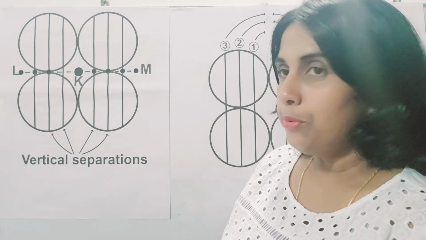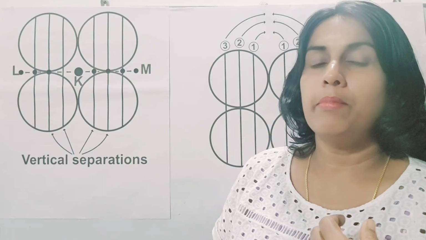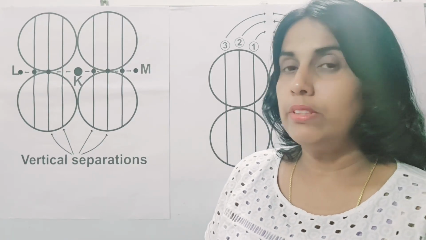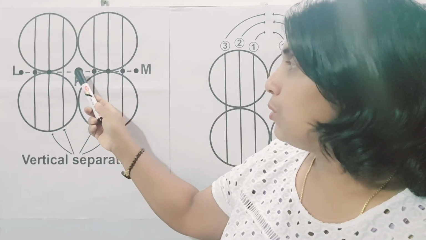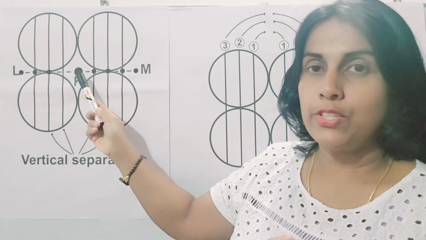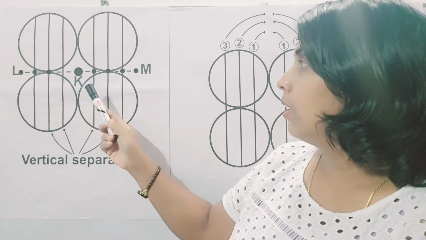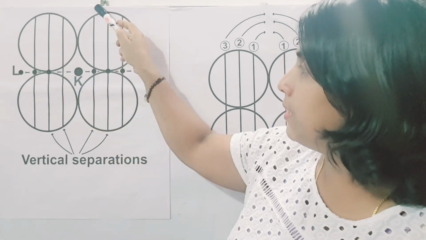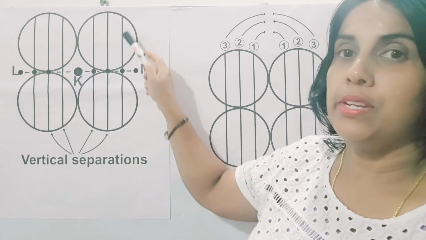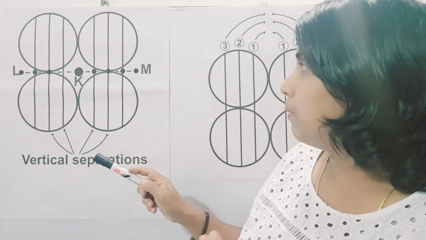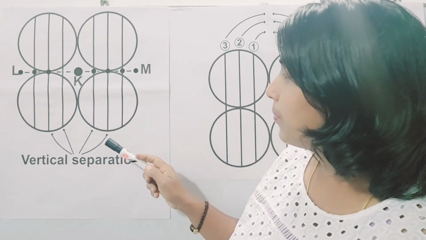Therefore, the universe establishes a new methodology, a new theory, to use up the excess energy developed at the nucleus, and using up that energy, these vertical separations were created.